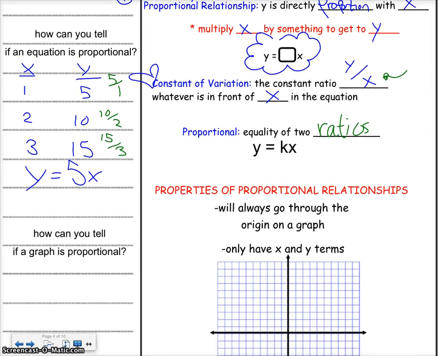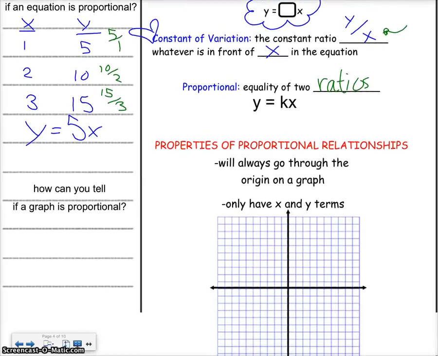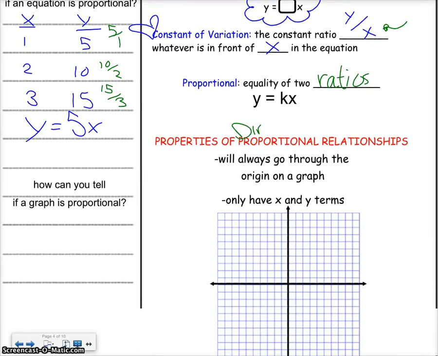So here's some properties of directly proportional relationships. Remember, you directly get to y. You multiply x by something and you directly will get to the y. The biggest learning target that you need to know is it will always go through the origin on a graph.